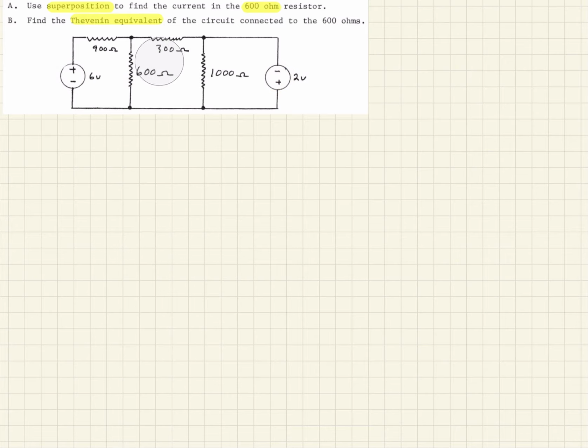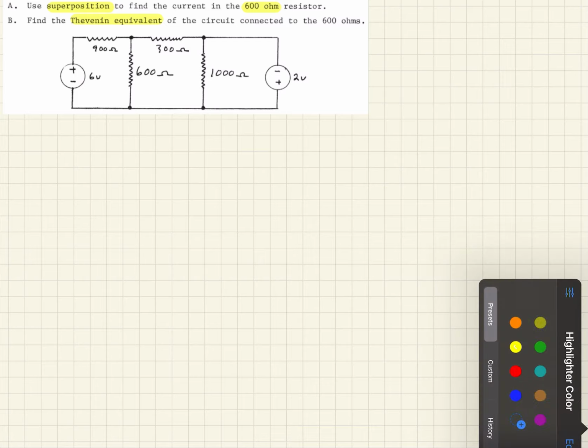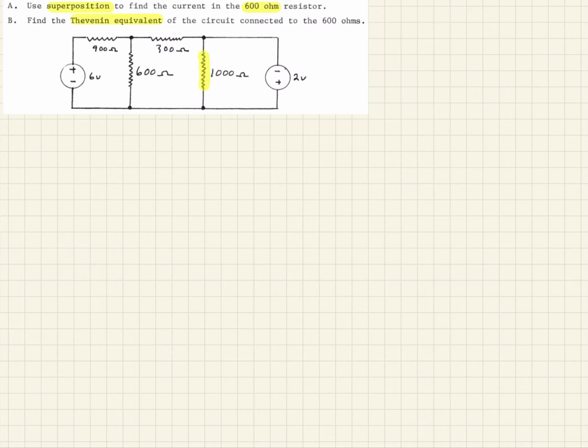So let's see what we need to do this. Right off the bat, we see that we have this 1000 ohm resistor in parallel with the voltage source. And anytime you have a resistor that's connected across a voltage source, unless we're interested in the current in that resistor, it really has no bearing on what happens in the rest of the circuit, because it'll always have the same voltage drop across it, which would be the same as the voltage source.